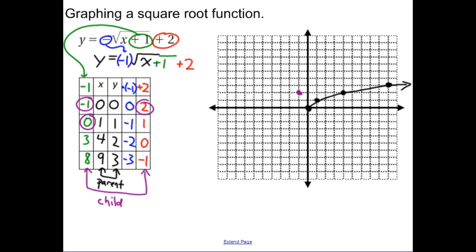My second point, x equals 0, y equals 1, moves downward slightly. My third point, x equals 3 and y equals 0, is right here on my x-axis. And my fourth and final point, x equals 8 and y equals -1, is going to be right here.